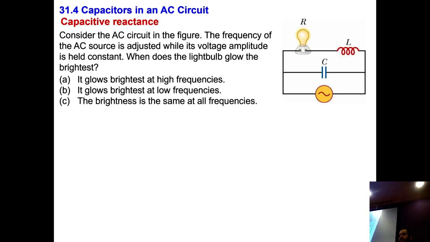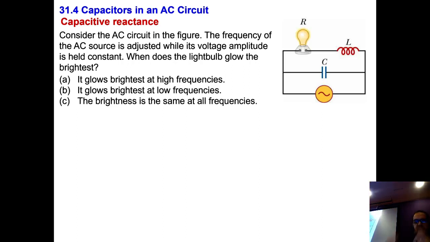Or not ready? Raise your hand if you're ready. Okay, all right. Who says A? It glows the brightest at high frequencies. Who says B? Who says it doesn't make a difference, C? Okay, all right.